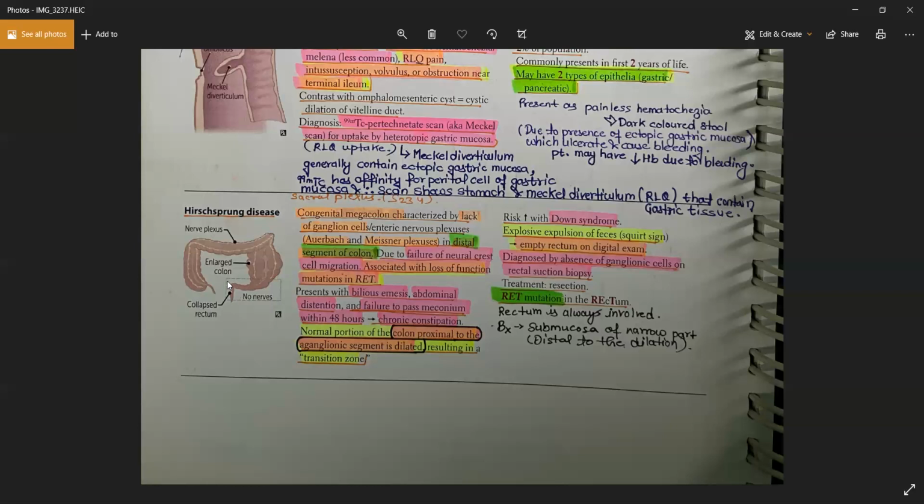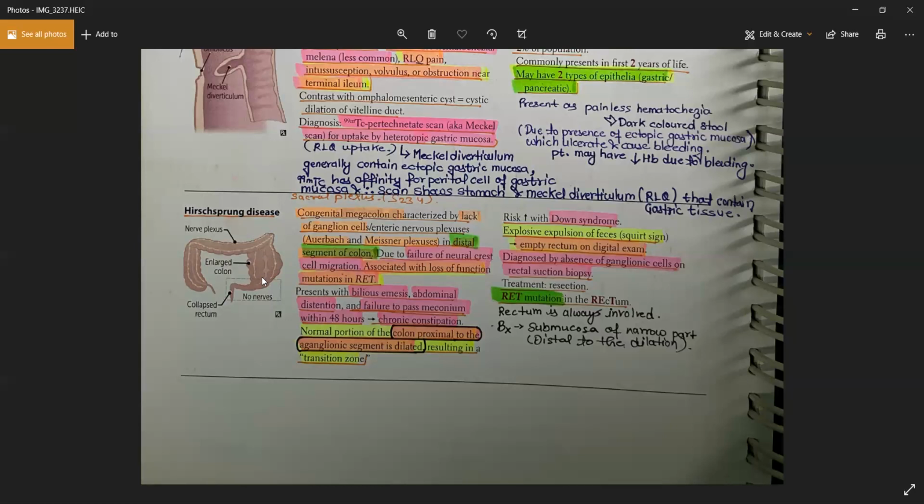Now what happens whenever there is a disruption or failure of migration of these neural crest cells? Then you can have an absence of these cells in the colon, and that's how you can have Hirschsprung's disease, because the cells migrate from the ascending colon to the transverse colon, then to the descending colon.